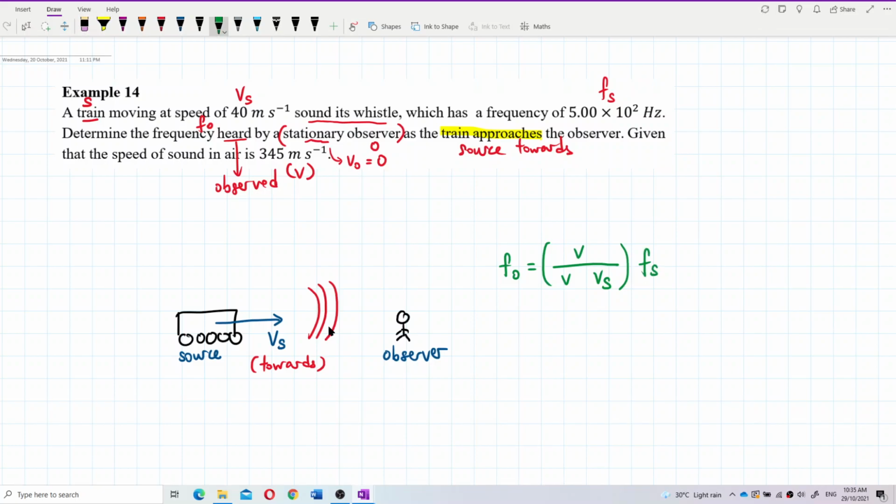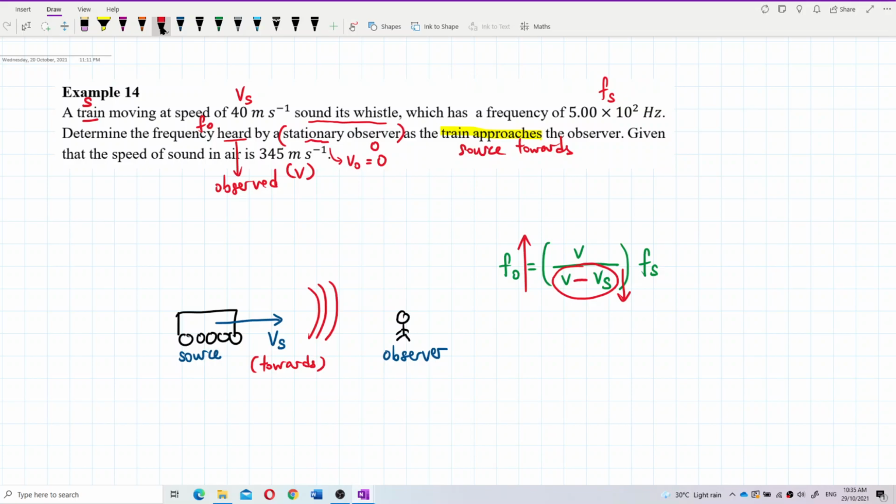Since the source is moving towards the observer, the wave is being compressed and we can expect a higher observed frequency, so the value below needs to become smaller.